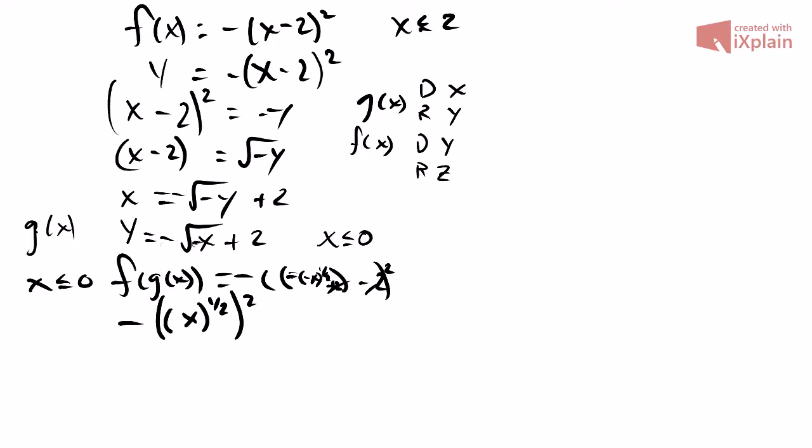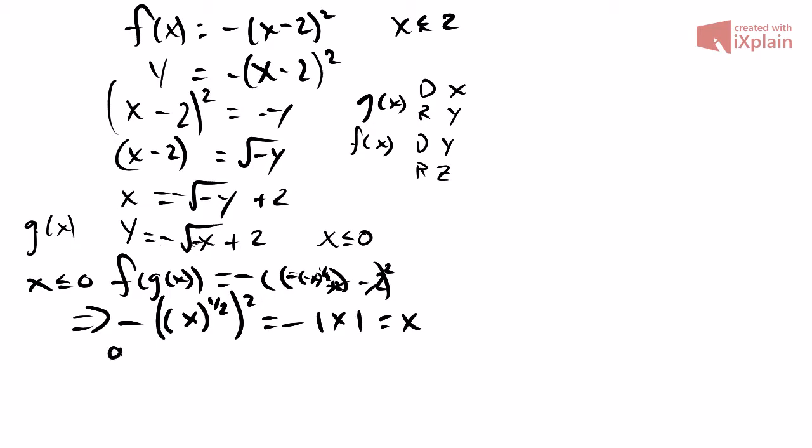As we'll discuss in class later, anytime you take the square root of something and then square it again, that is the equivalent of the absolute value. So negative absolute value of x is what we get there. Because we're restricted to negative numbers, whenever you put in a negative here, we make it positive, and this negative makes it negative again, and that equals x. So f of g does equal x.